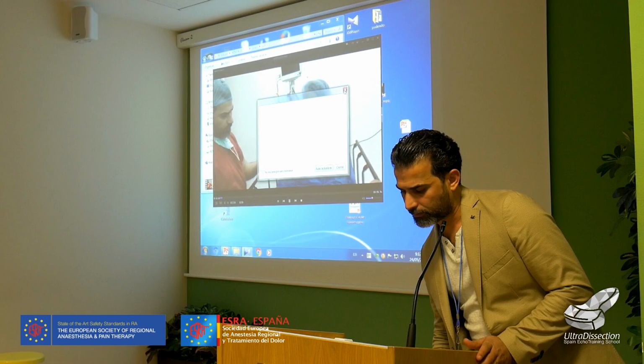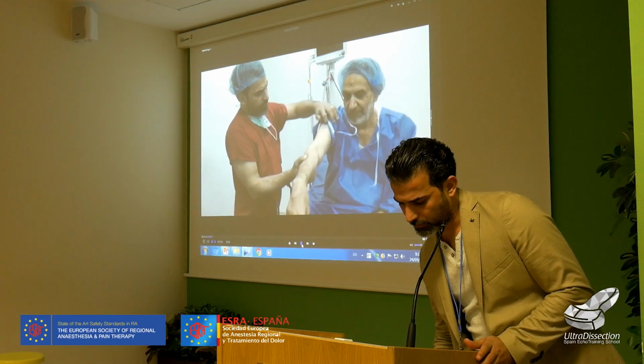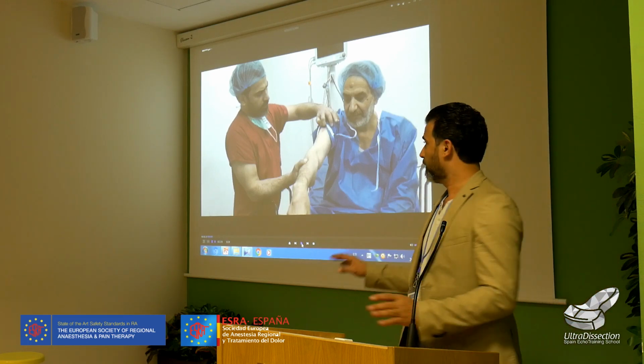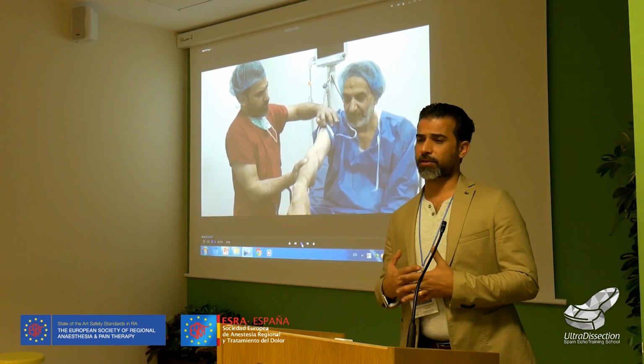It was a nerve injury because of a fractured humerus. This is a fracture of the humerus, a very common case. The patient has cardiac disease, with an ejection fraction of 30.